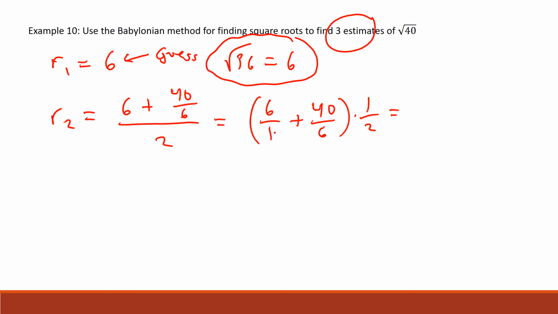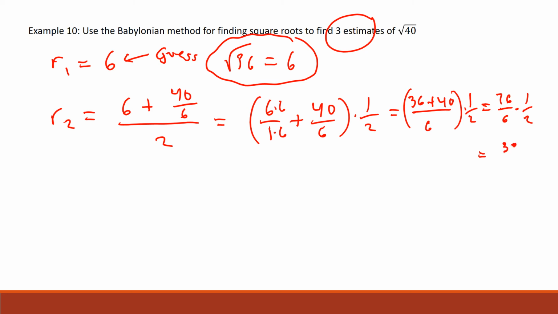Let's multiply this by 6. So I've got 36 plus 40 divided by 6 times 1/2. 76 divided by 6 times 1/2.